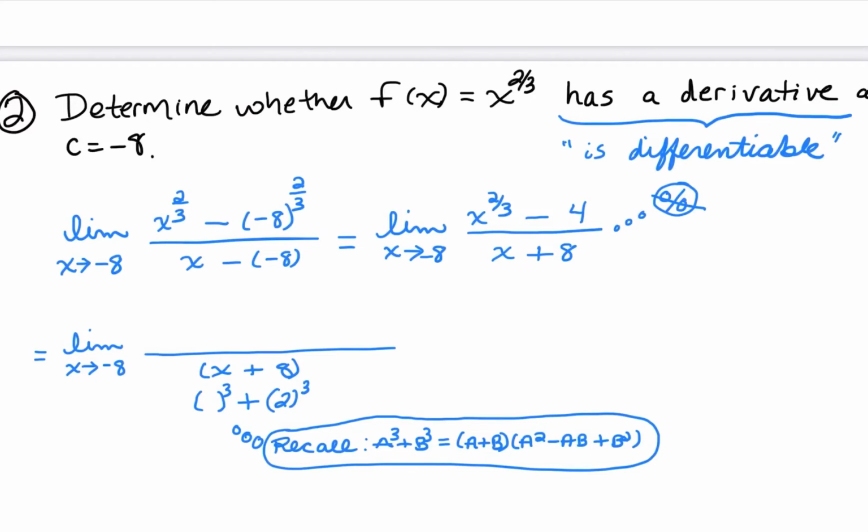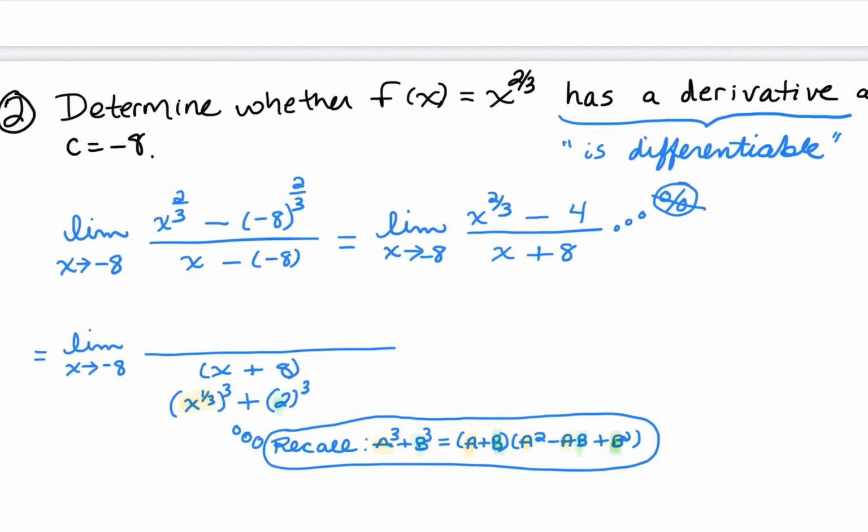So if I can now observe that I could replace x and think of it as x to the 1/3 cubed, because powers to powers we multiply, what that's going to tell me is every place where I have an a, that's going to be like an x to the 1/3, and then every place where I have a b in my cube formula, that's going to be my 2.